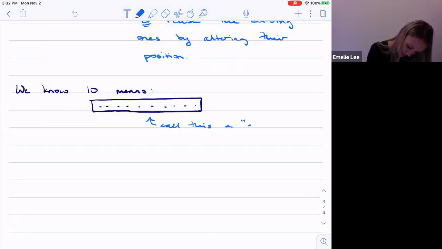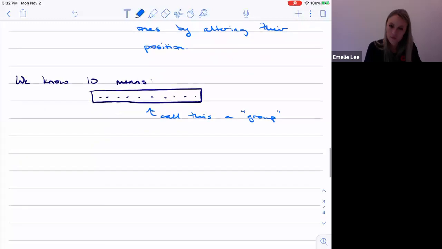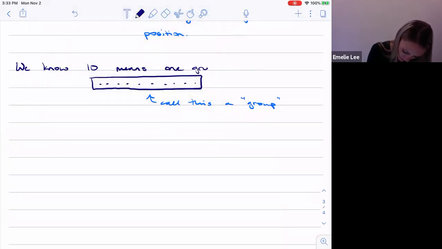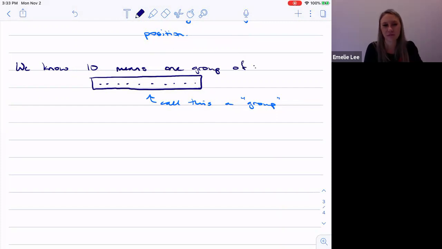Call this a group. You know what? I'm going to add something here. We know 10 means one group of ten. We call this a group.